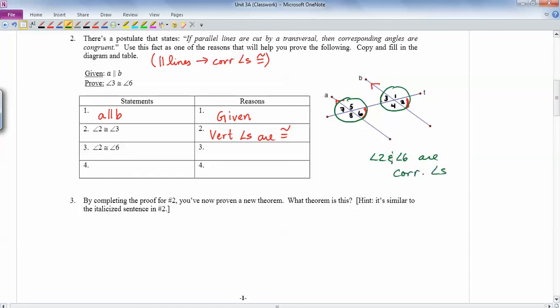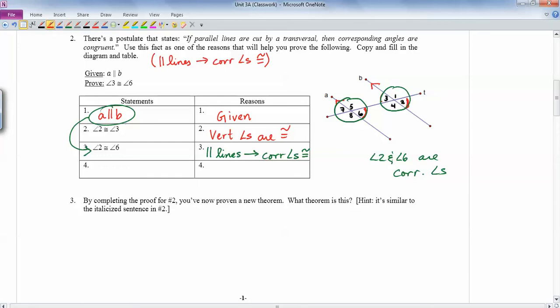So over here, 2 is congruent to 6. That's where we get to use the fact we already have parallel lines. So we can say that the parallel lines in step 1 give us the corresponding angles that are congruent in step 3.